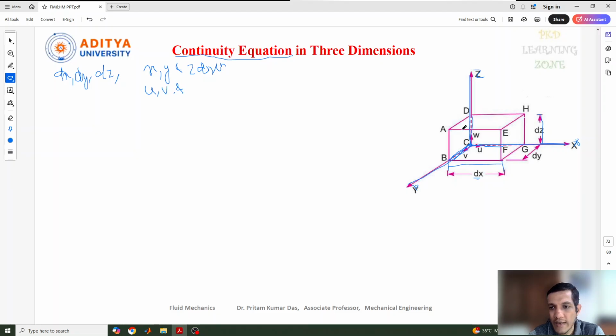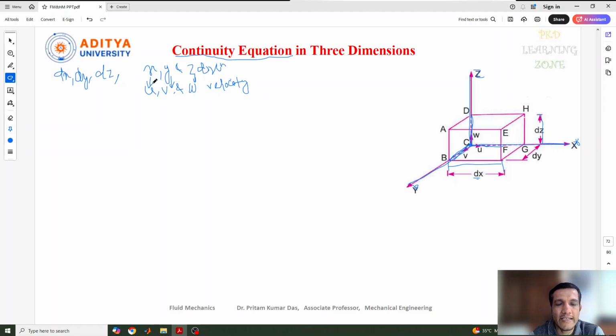And similarly, in the z direction, let's consider the velocity is w. So these are the velocity components of this fluid in the x, y and z directions.